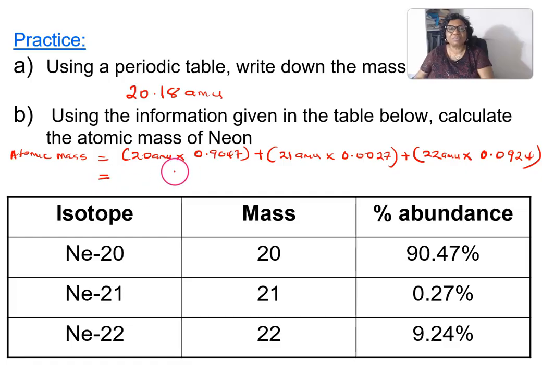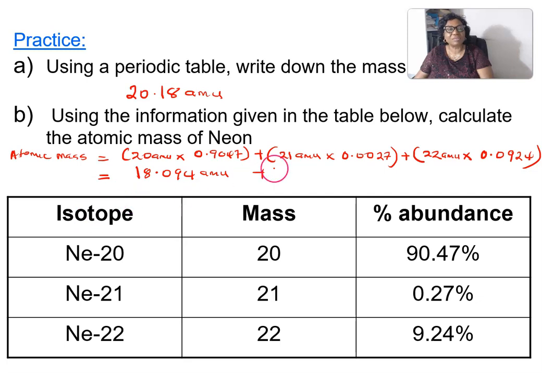So now let's do our calculation. So we have 20 times 0.9047. So it gives us 18.094 atomic mass unit plus 21 times 0.0027.